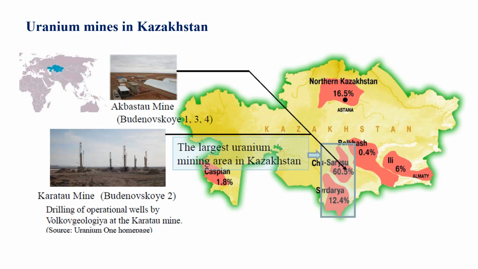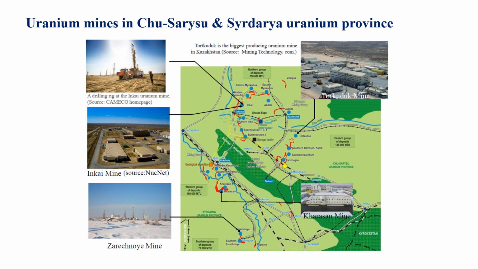We have a uranium mine in Kazakhstan. So it's the largest uranium mining area in Kazakhstan in Akbastal mine. And you also have a mine in Karakau mine. We also have uranium mines in Chu Sarisu and Sirdarya uranium province. These are still found in Kazakhstan.